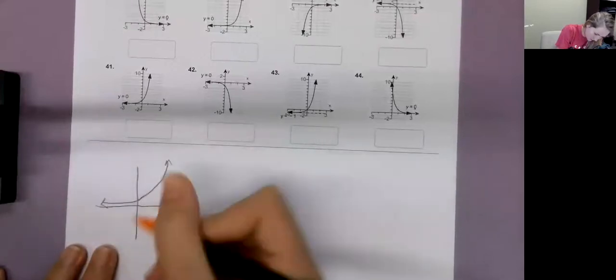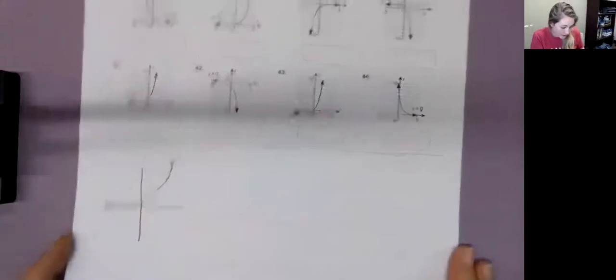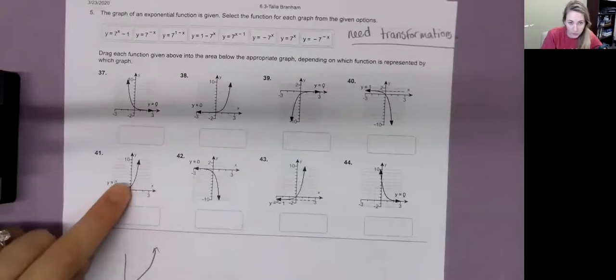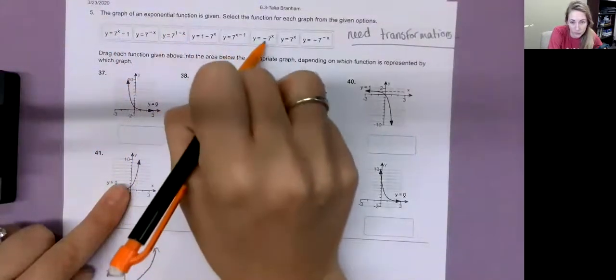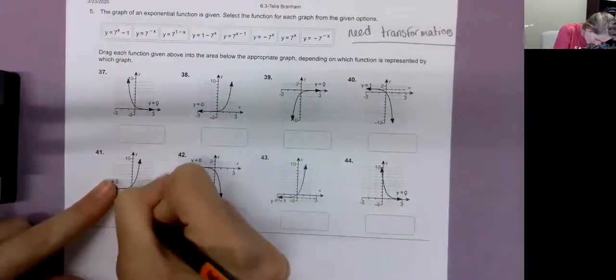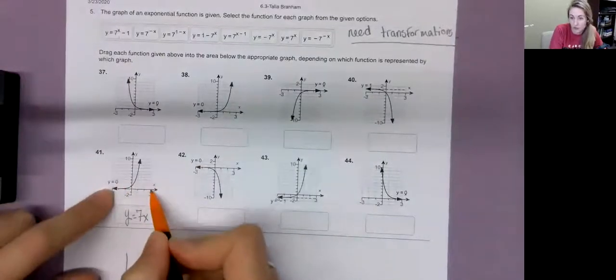So our positive exponent, positive one, is going to be this one. So y equals 7^x goes here because this is our basic one.